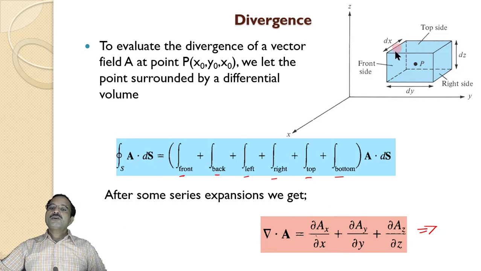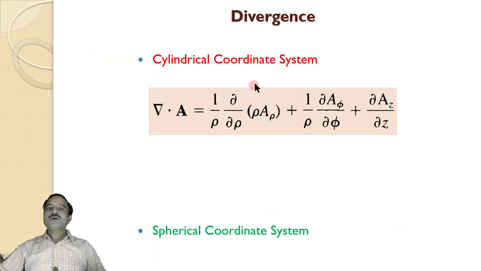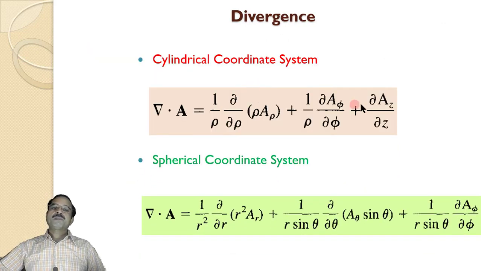If instead of this cube I assume a differential sphere surrounding the point P, then solving in a similar manner on the spherical surface, taking A dot dS, expanding and simplifying, we will get the expression for spherical coordinates. So these equations can be used for solving problems to apply divergence.